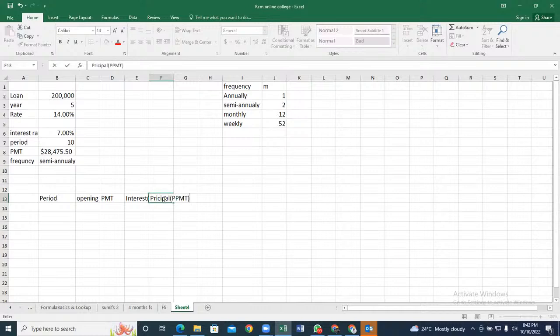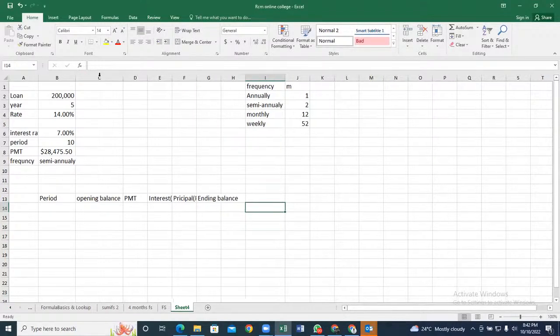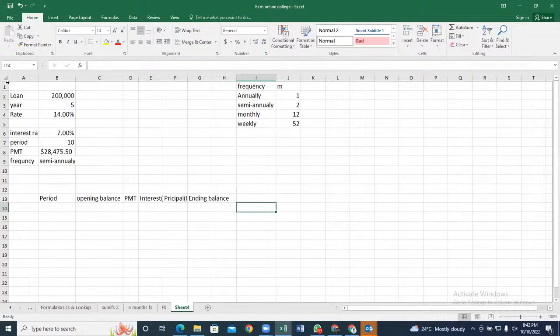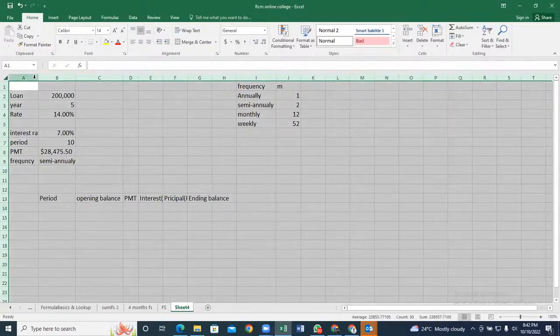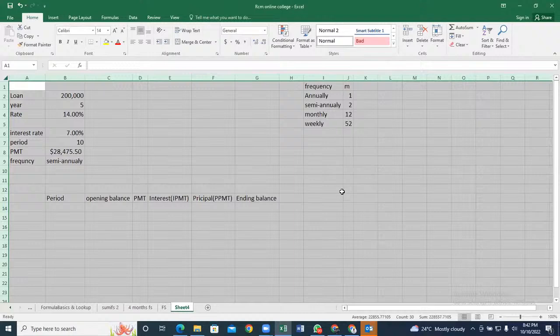Close your brackets. Then we move to ending balance. So that's what we are supposed to have. To expand all of them, just highlight the entire worksheet, then double click any part.